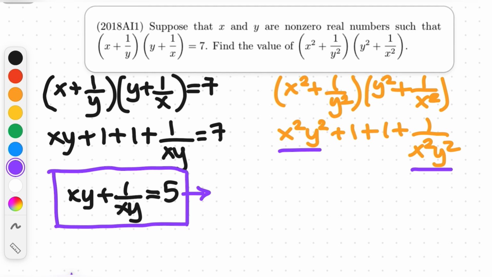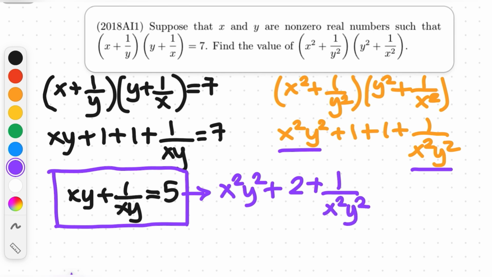And notice that when we square this, we get x squared y squared plus the middle term is 2 times xy times 1 over xy. And xy times 1 over xy is 1. So the middle term here is 2, plus the square of the second term, 1 over x squared y squared, which is equal to the square of the right side, which is 25.